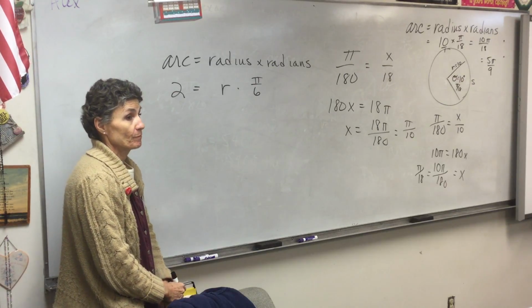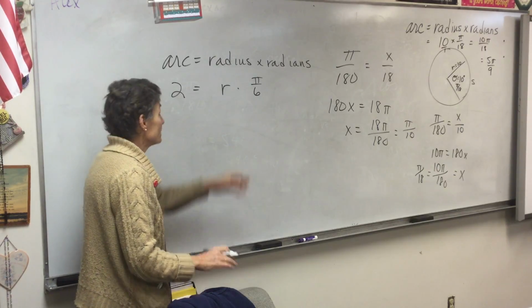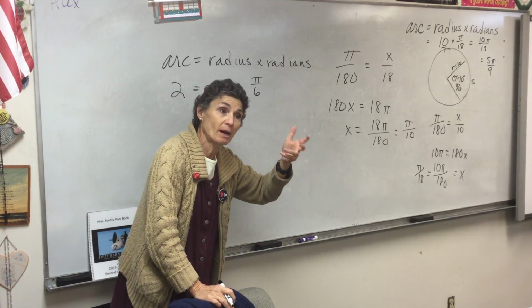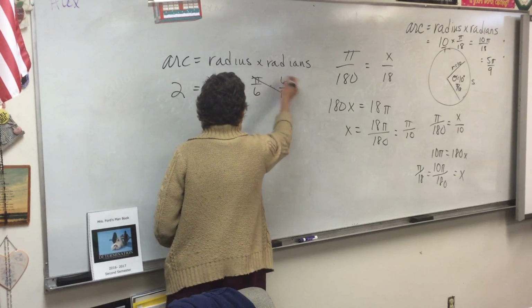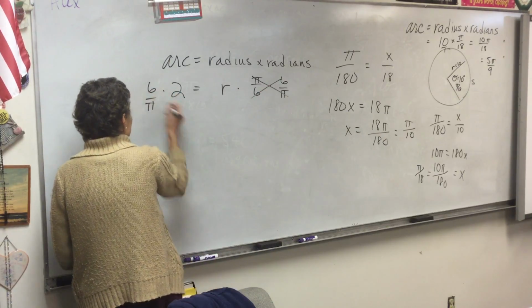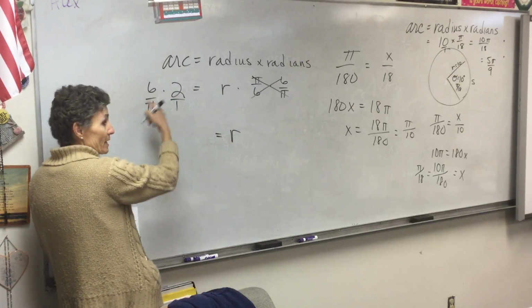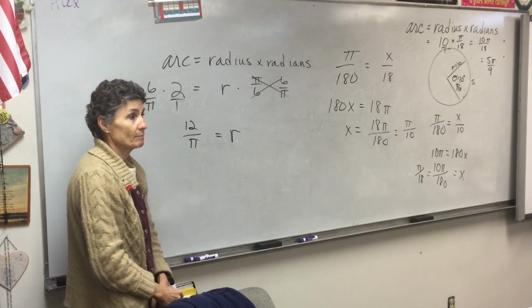So what? It divides by pi over 6, which is the same as multiplying by 6 over pi. So I'm going to multiply both sides by 6 over pi. And the radius then ends up being 12 divided by pi.